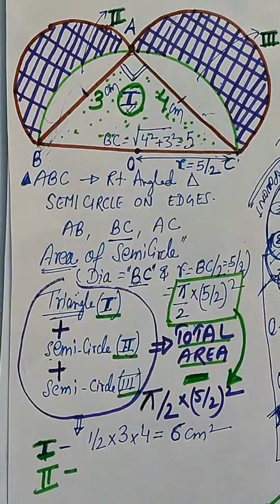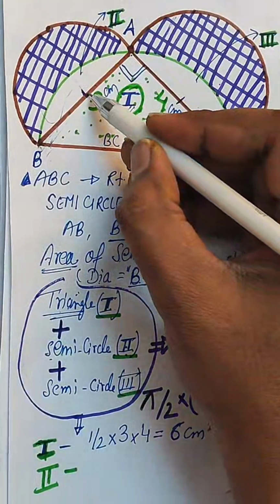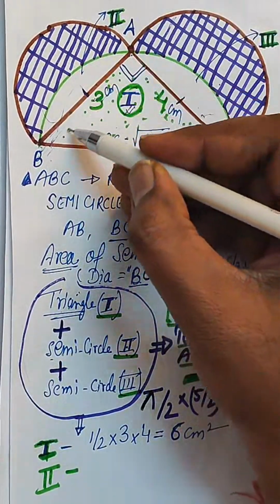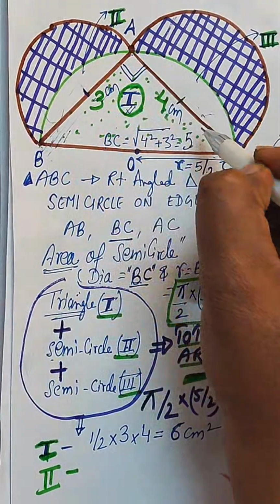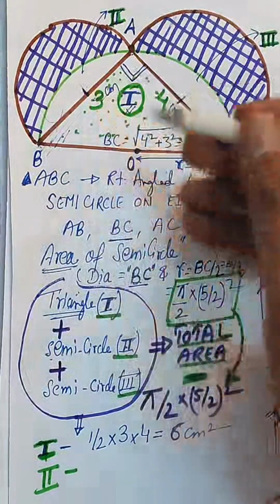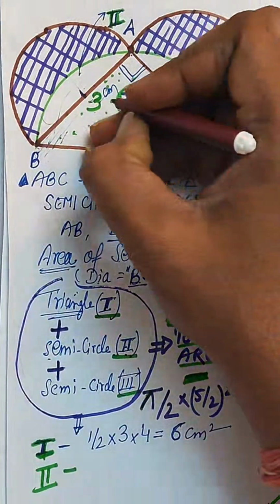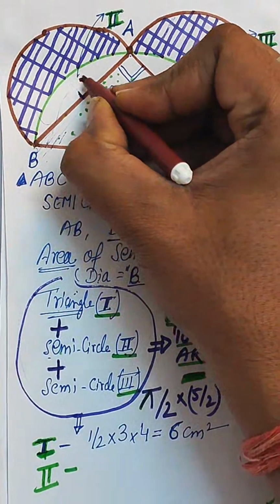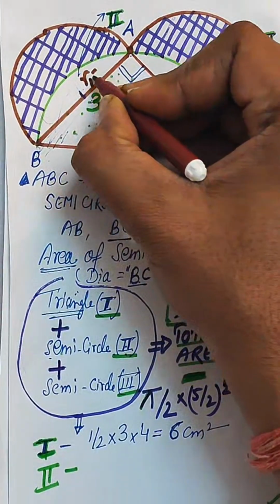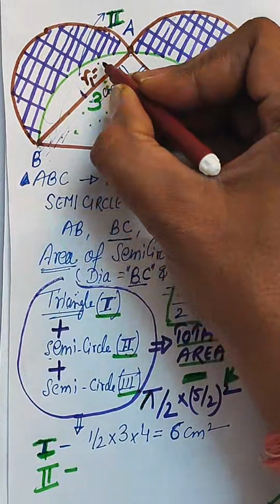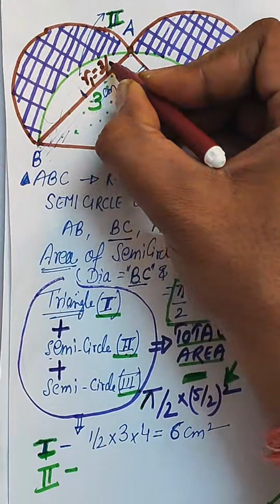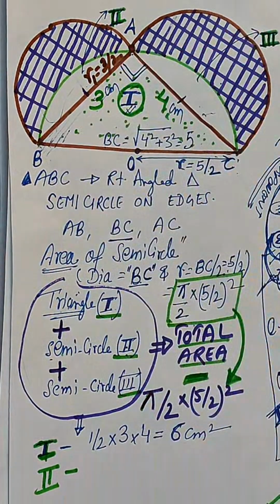Is how much? Here you can see 3 is the length of the base of this right angle triangle. Then this radius will be, if it is 3, it will be 3 by 2, isn't it?